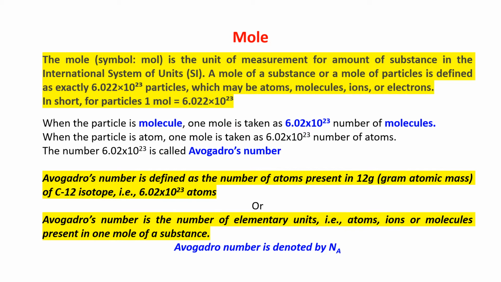Similarly, mole is used for expressing atoms, molecules, ions, electrons, all these things. And mole has a particular number. Like 1 dozen means 12 numbers, similarly 1 mole means 6.022 into 10 to the power 23 numbers.